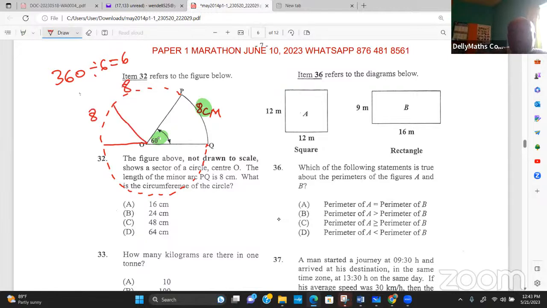This is 8, that is 8, this is 8, this is 8, this is 8. So 6 times 8 is 48. You could simply look at it from that perspective. That's one of the easier ways to go: finding out how many times 60 goes into 360, and each time it's 8. You multiply and you're done.